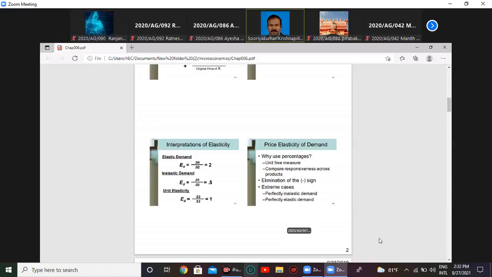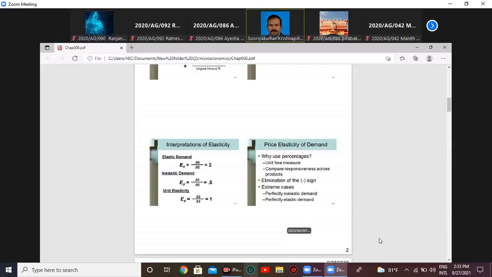Then you will think that with minus 0.5 the demand is highly responsive, because it's numerically higher than minus 2, but that is wrong. Consumers respond more with the minus 2 elasticity. So if we ignore that minus, then it's no problem.